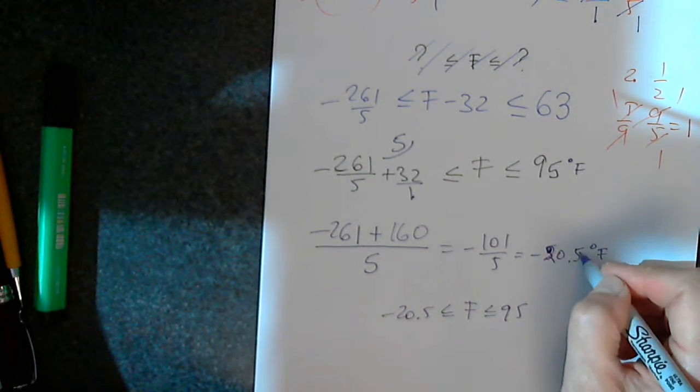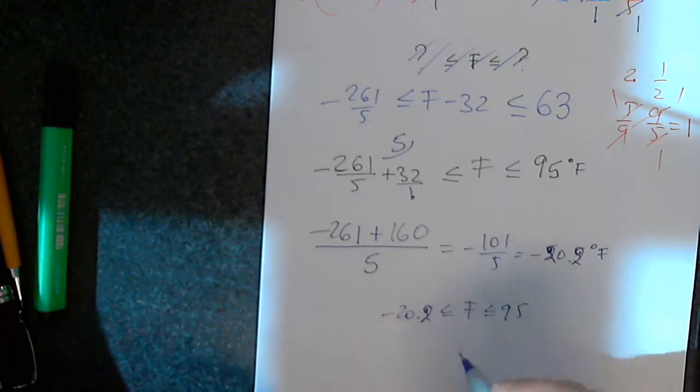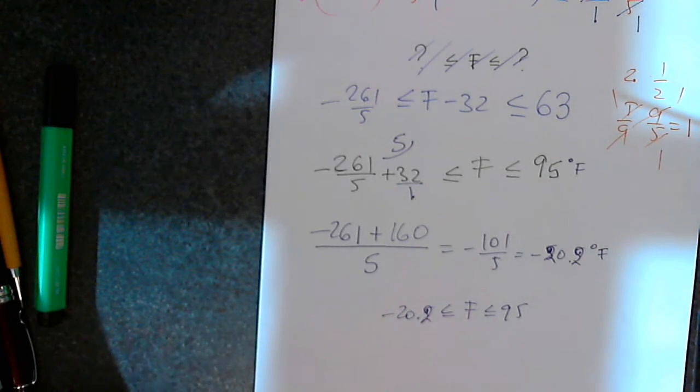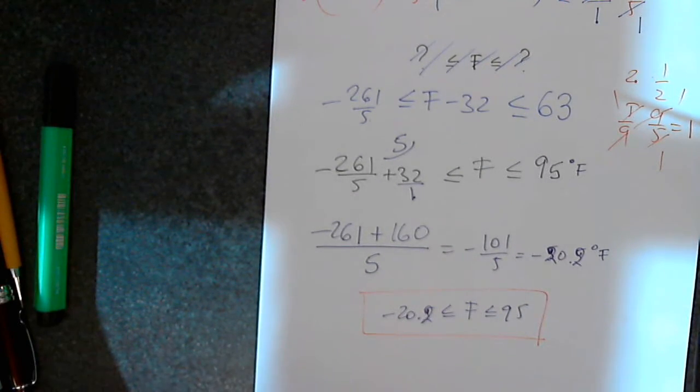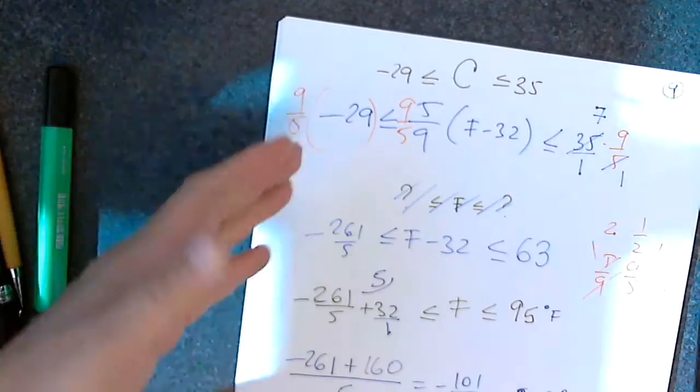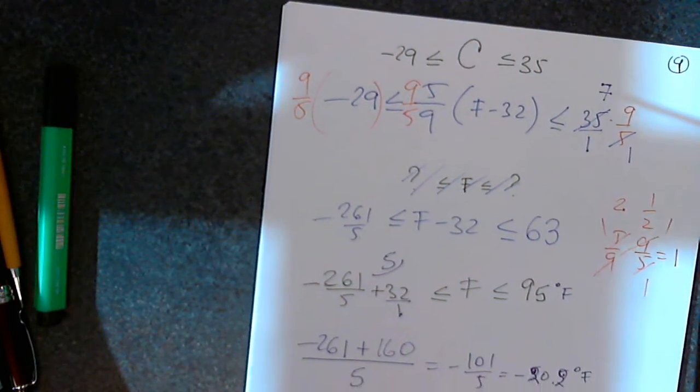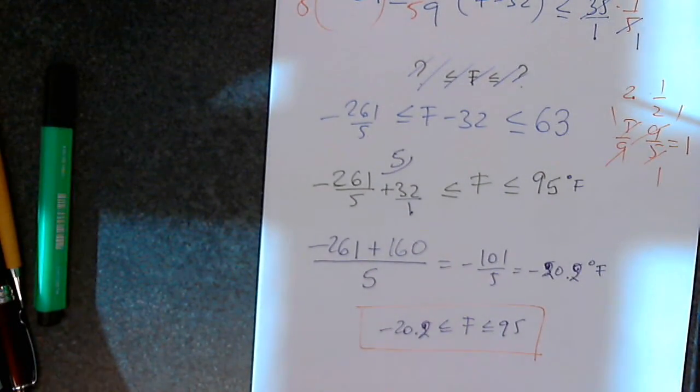And nobody said anything. You're not supposed to say anything. No, I'm just kidding. I wrote 5 instead of 2. So -20.2 and 95. And this is it. And this was very nicely done with the use of a compound inequality, starting from the beginning.